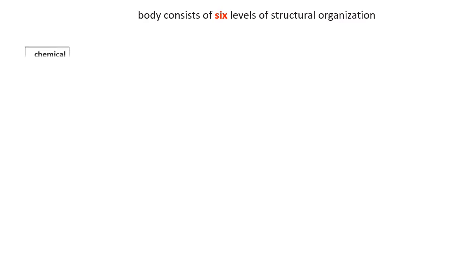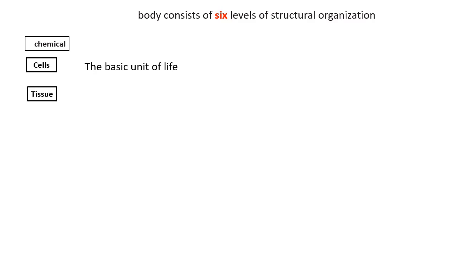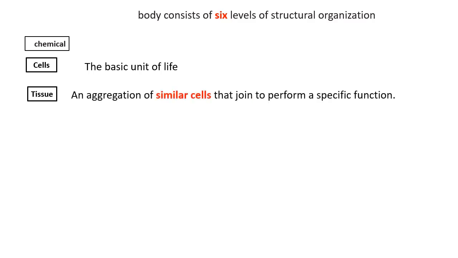Now let's write down our notes about studying levels of organization. The body consists of 6 levels of structural organization: the chemical, cells, which is the basic unit of life, tissues. Tissues are a group of similar cells that join and form specific function.